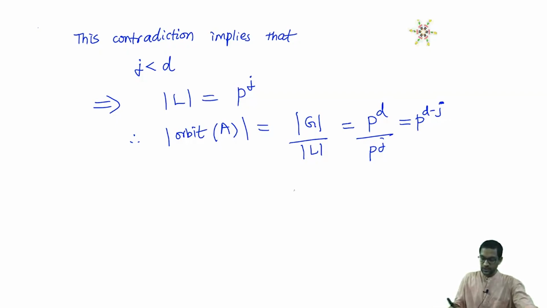So this is divisible by p, because d minus j is a strictly positive number. So p therefore divides the orbit cardinality, as claimed. So this proves our claim.